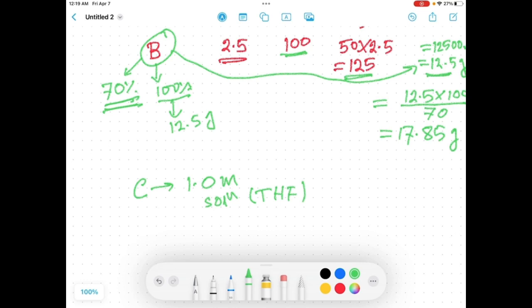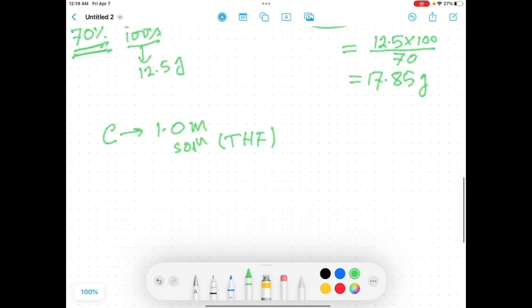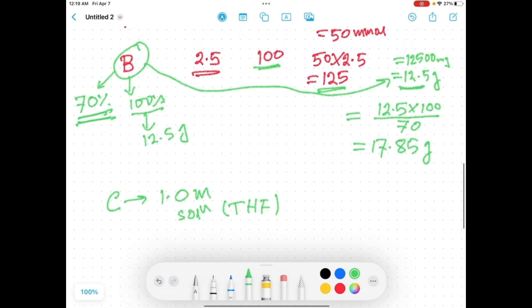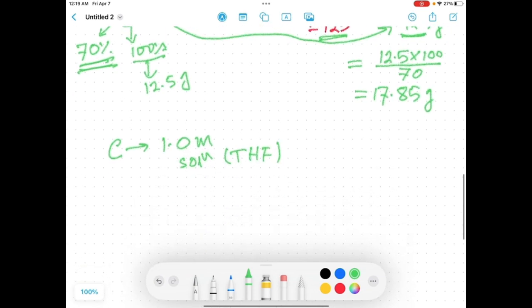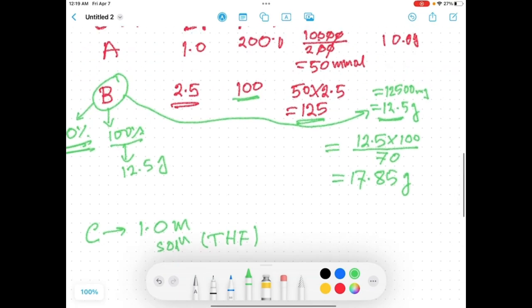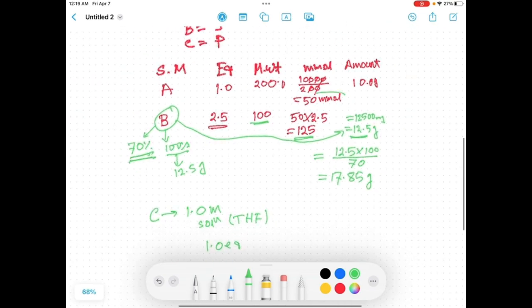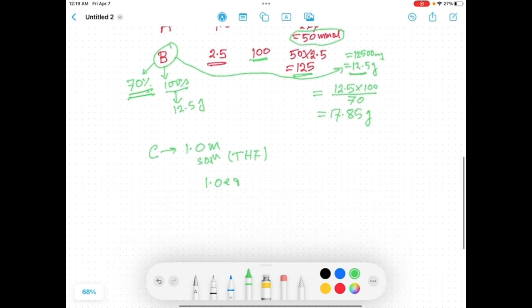So in that case, how are you going to calculate how much you need? Suppose you need one equivalent of C. For the limiting reagent, it is 50 millimole. So C needs one equivalent, so C also needs 50 millimole.